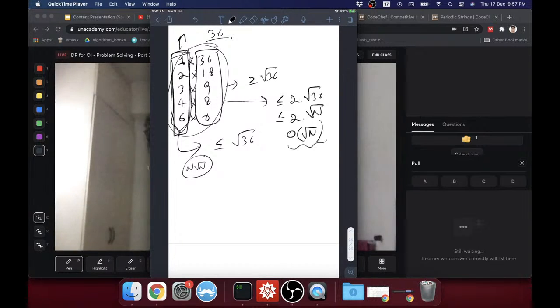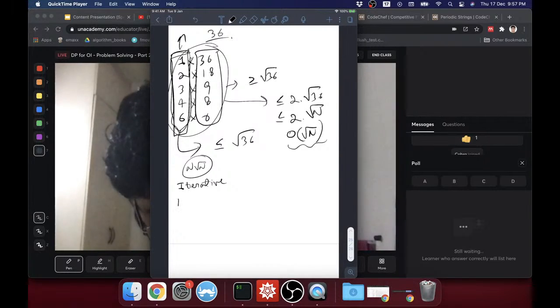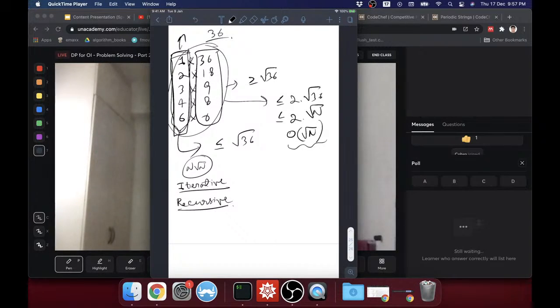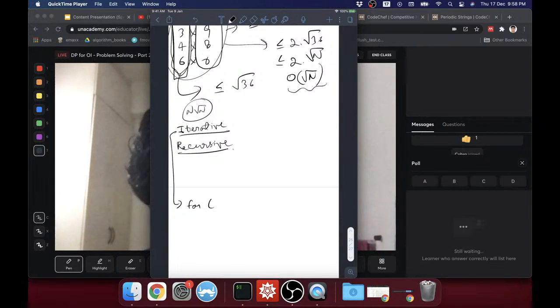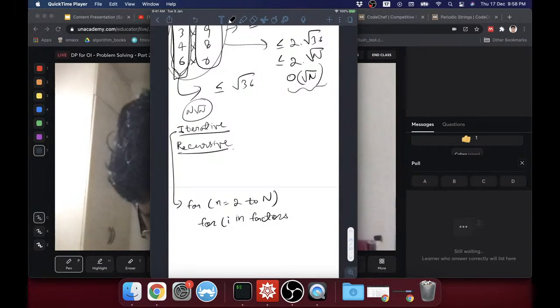Now, since we have time, we can cover this. There are 2 ways to implement this algorithm. One is iterative, the other is recursive. One of them will be significantly faster than the other one for this DP problem. So in the iterative way, I can show you how the code will look. It will look like: for n equals 2 to capital N, for i which is a factor in factors n.